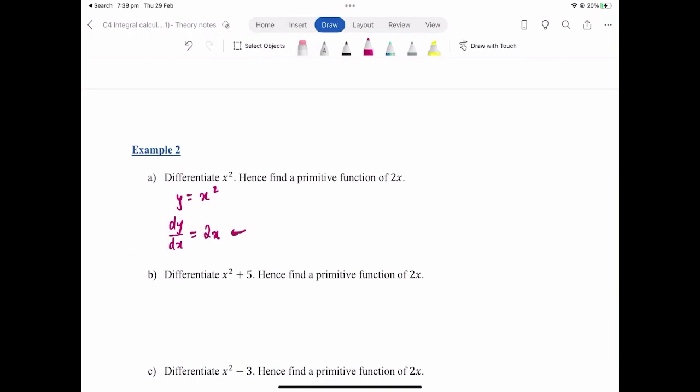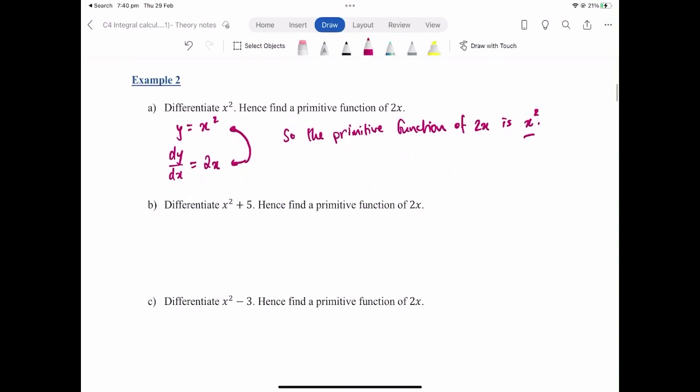In this case, x squared. So the primitive function of 2x is x squared, because it was the function that when we differentiate, we get 2x.